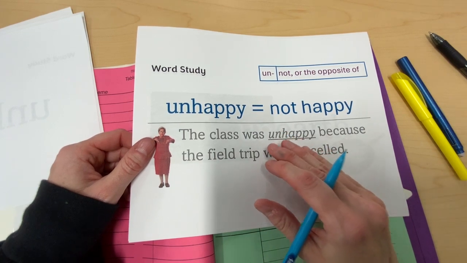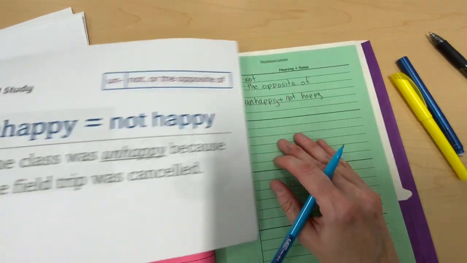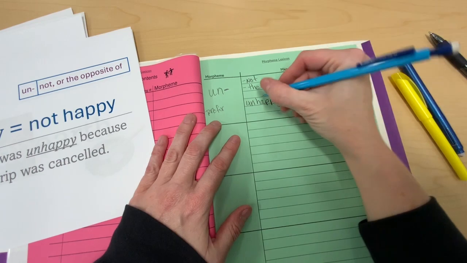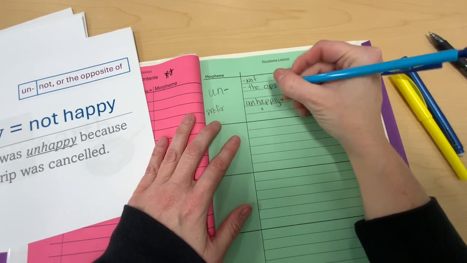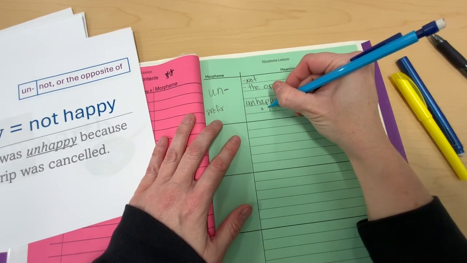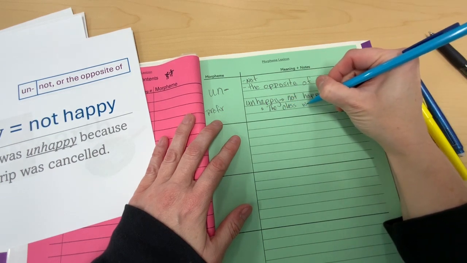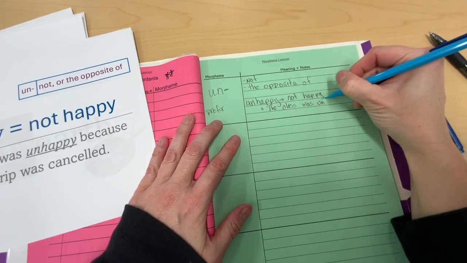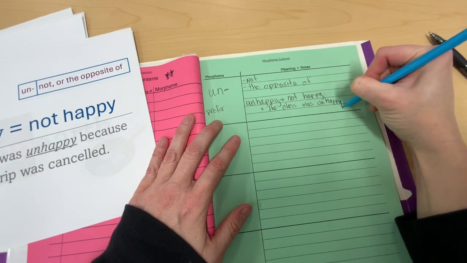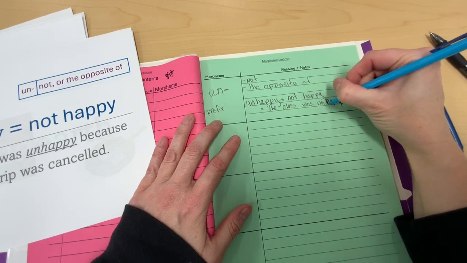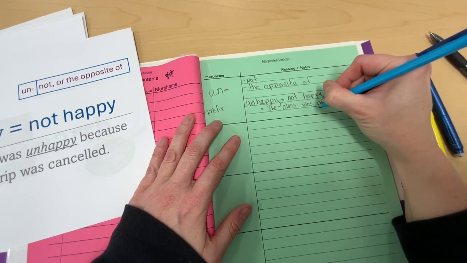Now, to help my brain understand what that means, I'm going to write the sentence here. The class was unhappy, and I swear I can make my H look like an H. I'm going to underline un.